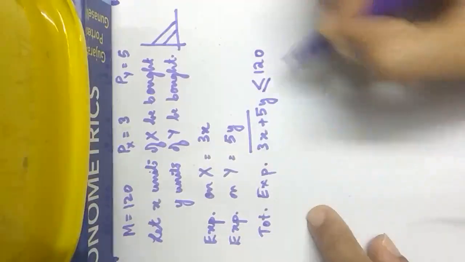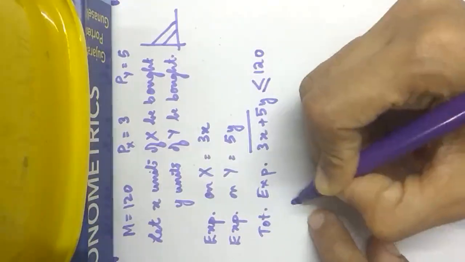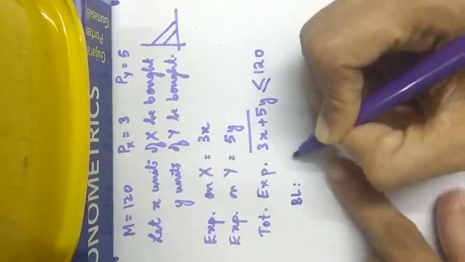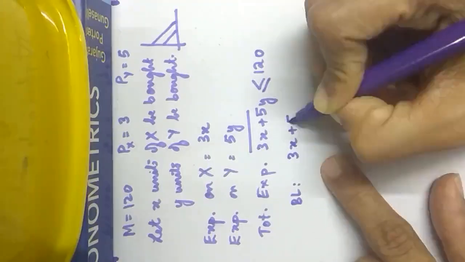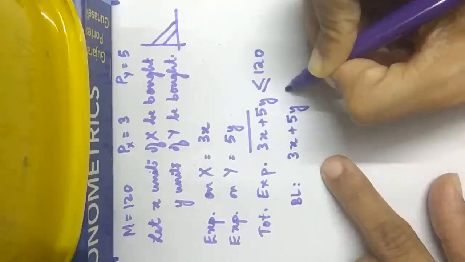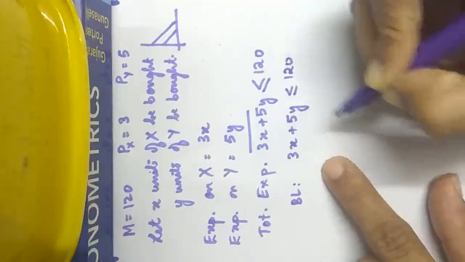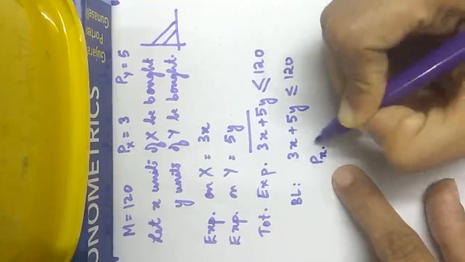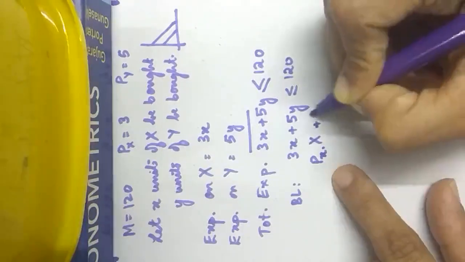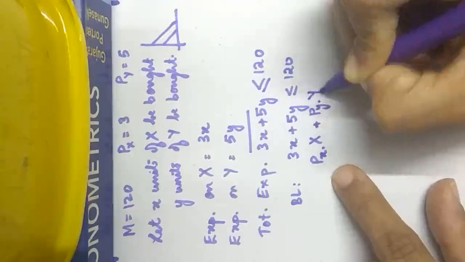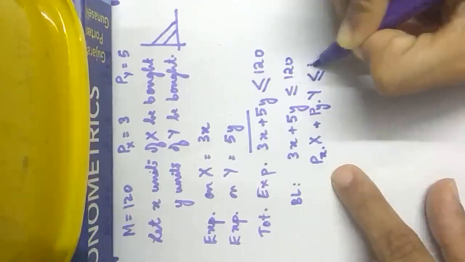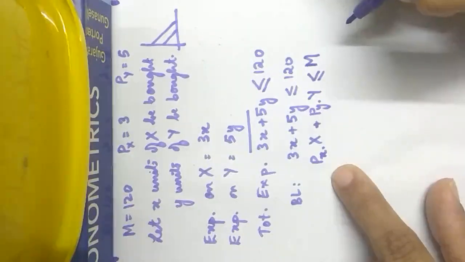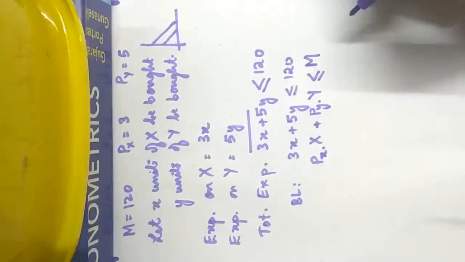So my budget line can be expressed as 3x plus 5y less than or equal to 120. In general, you might have read this as px times x plus py times y less than or equal to money income M. Now the symbols vary from book to book, but this is the logic that we follow.